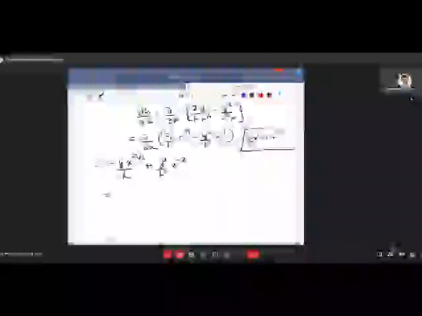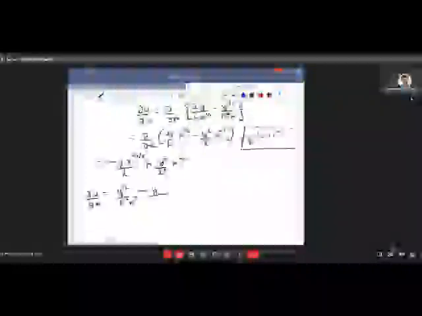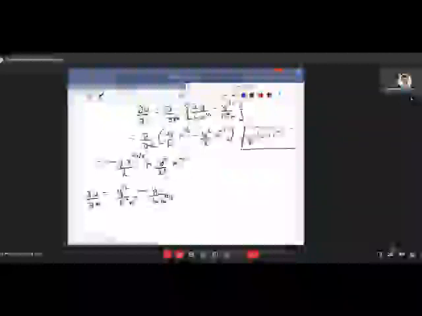This would become in fact plus over here. Therefore, we'll find dou u by dou x to be equal to y square by k square x square minus y by k x raised to 3 by 2.